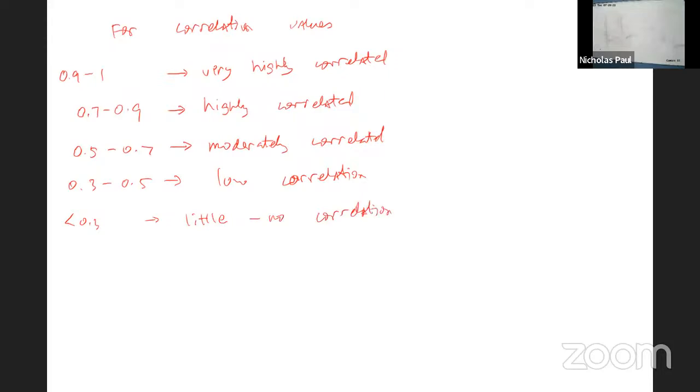The same thing applies for negative values. So those are the general breakdown, those are the words that I could use. So that's little to no correlation. You should see the values open out.